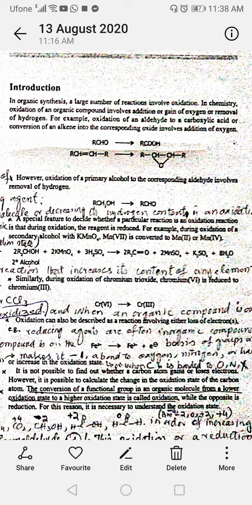If there is an increase in oxidation number, that is called oxidation. When there is a decrease in oxidation number, that is called reduction.